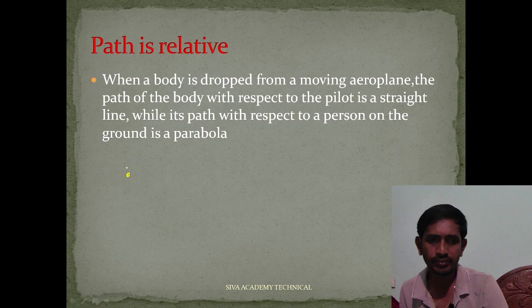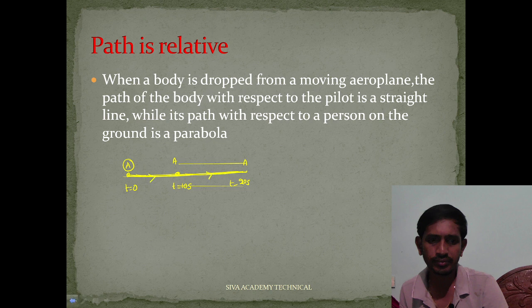If you take a point where a particle is placed, at t equal to 0, this is the position of the particle A. After t equal to 10 seconds, this is the position of A. After another 10 seconds, this is the position of A. If we join all these positions, there is a formation of path. This is called a path.